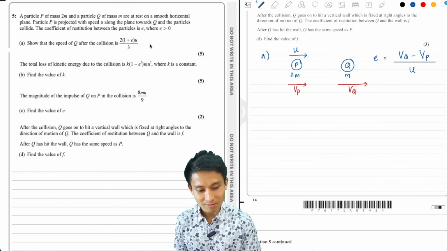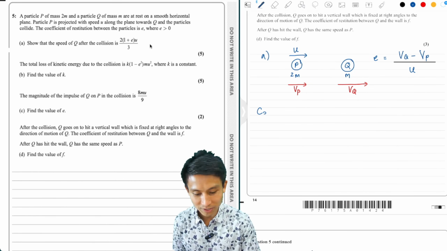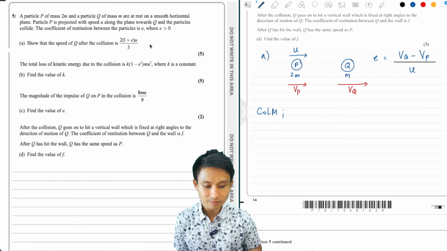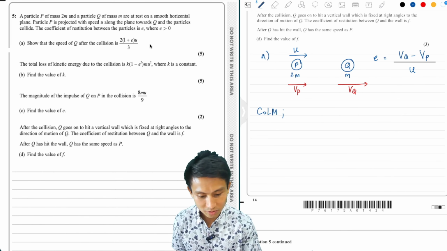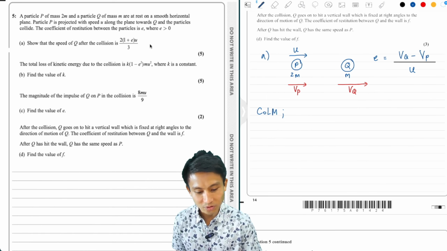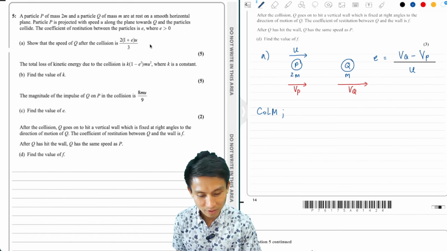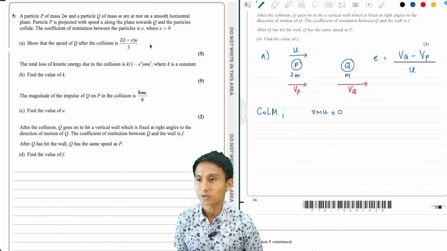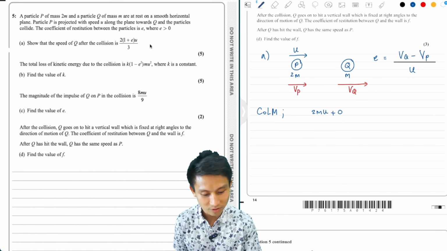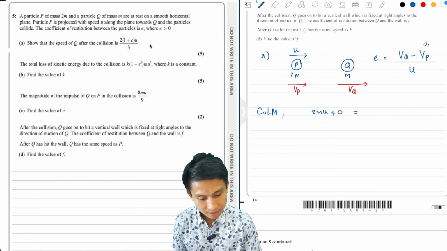And again, this is one part done, and then let's do conservation of linear momentum. Okay, so total initial momentum before collision is just 2m times u plus 0. Just going to write that as well because there's no momentum for Q before collision. Equals, so this is going to be 2mvp plus mvq, right?